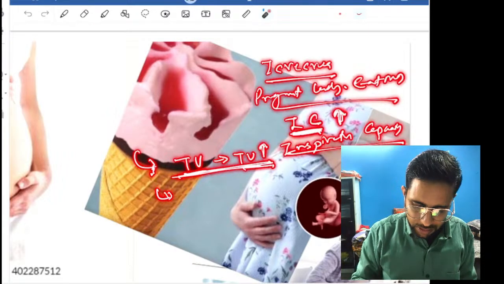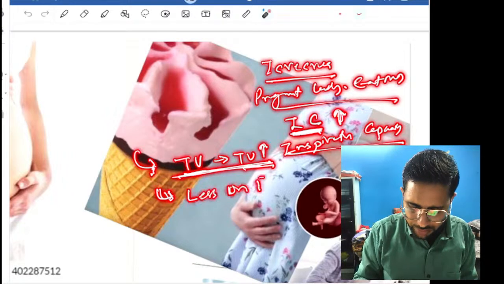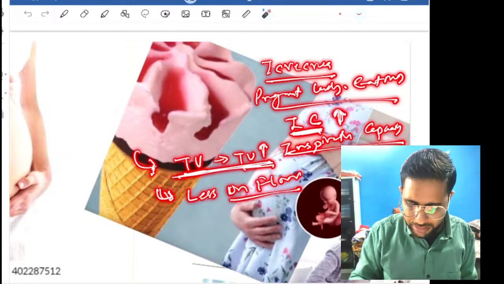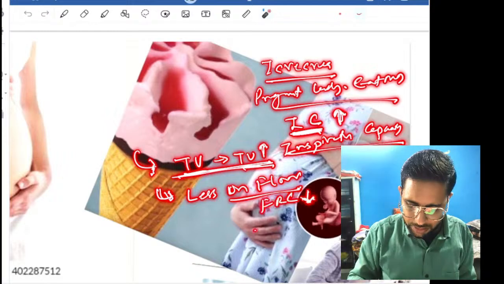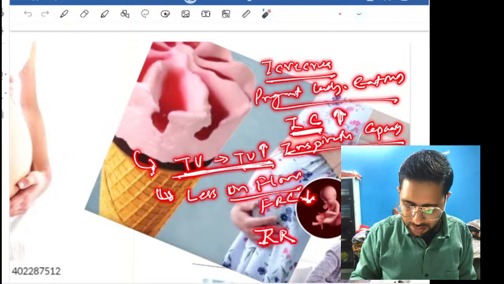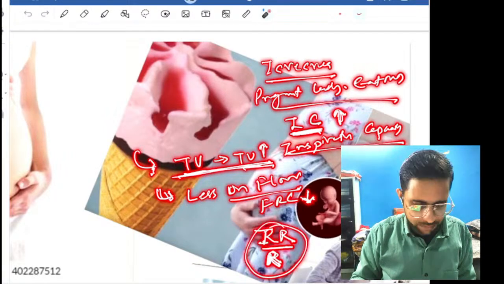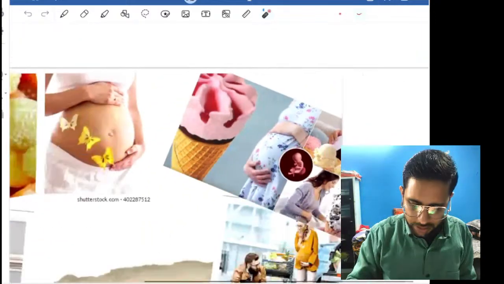Pregnant lady stays less on the floor; most of the time pregnant ladies sit on the chair, so FRC decreases. The other parameters, like respiratory rate and maximum breathing capacity, are the same. Shall we proceed to next?